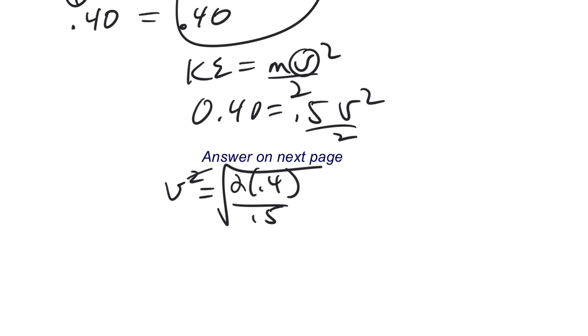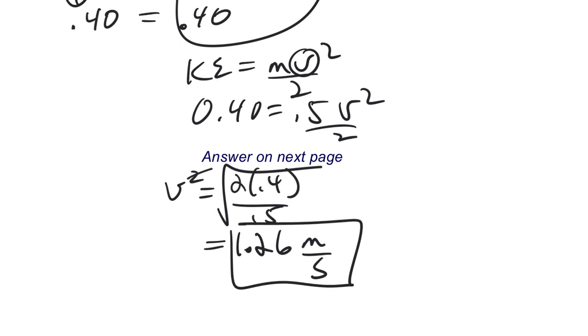Then take the square root of that, and that's 1.26. So at the bottom, that guy on the swing is going 1.26 meters per second. That's the fastest he'll be going on this pendulum.